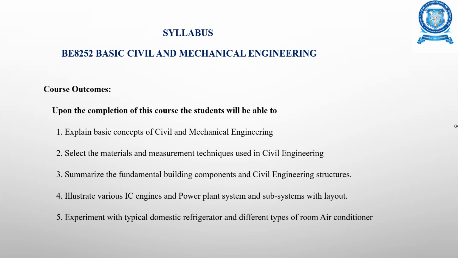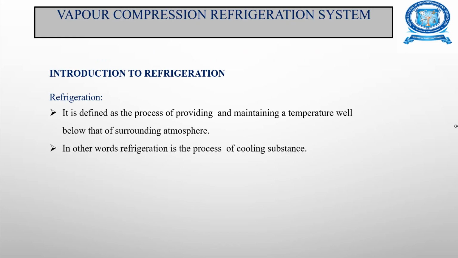And the fifth unit, which we are studying in this video session, the students will be able to experiment with the typical domestic refrigerator and the different types of room air conditioner.